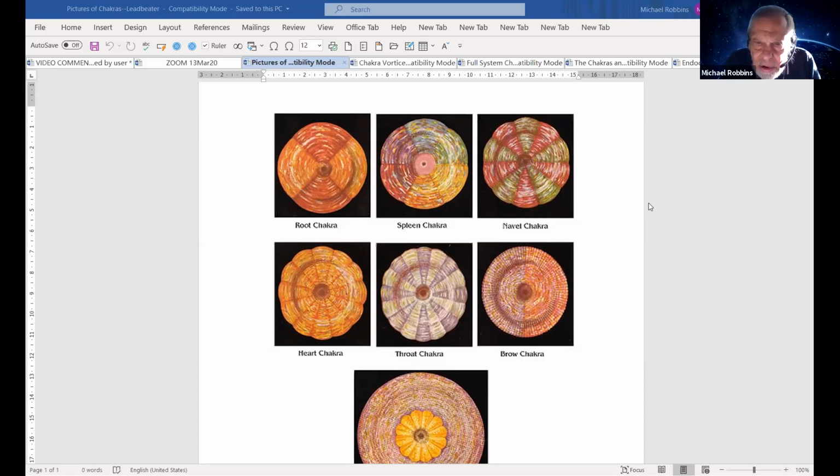And the brow chakra, according to his illustrations here, we don't see the fourfoldness, we see a twofoldness, and we see maybe the lighter rose color, it's not very clear, and yellow, and we see it on the left-hand side.